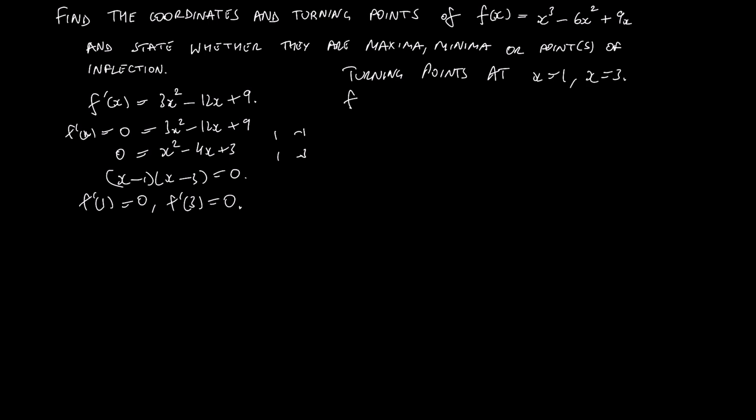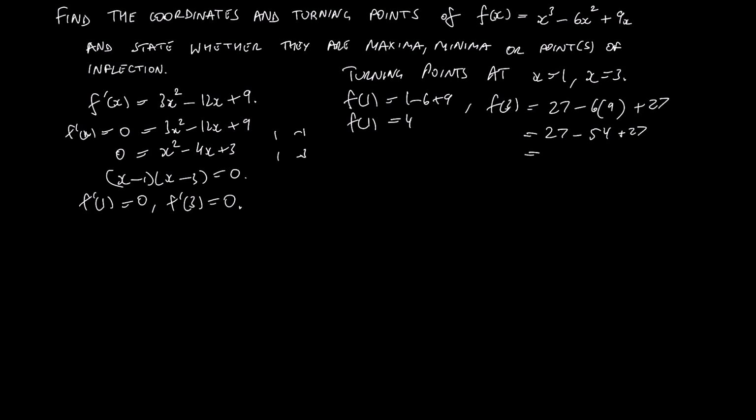So f of 1 equals 1 minus 6 plus 9, which is 4. And f of 3 equals 27 minus 6 times 9 plus 27. So our turning points are 1, 4 and 3, 0.